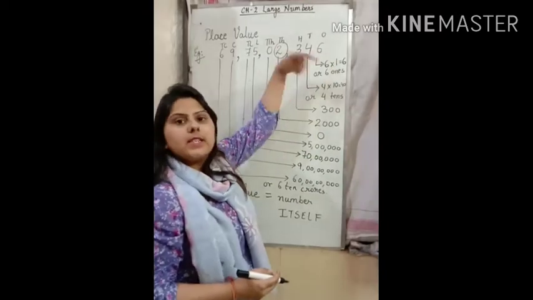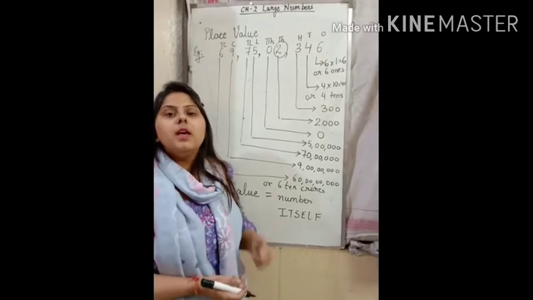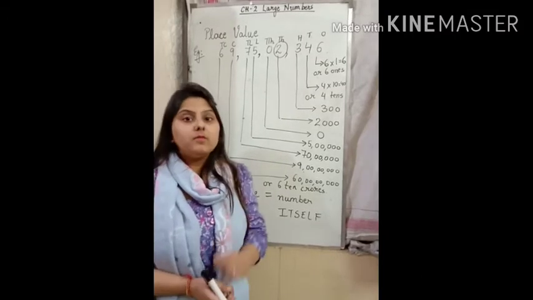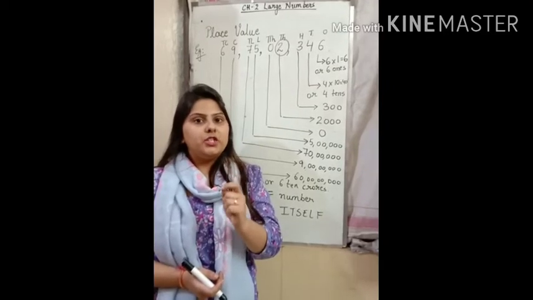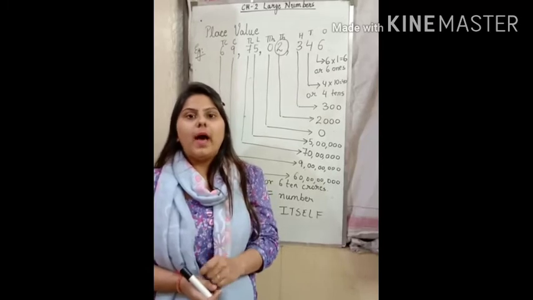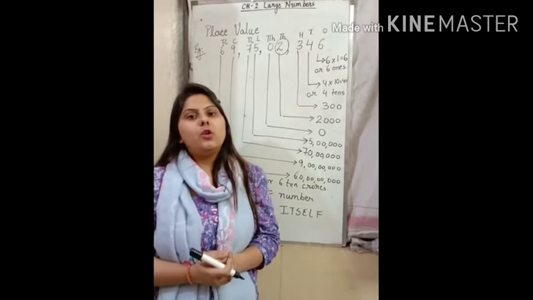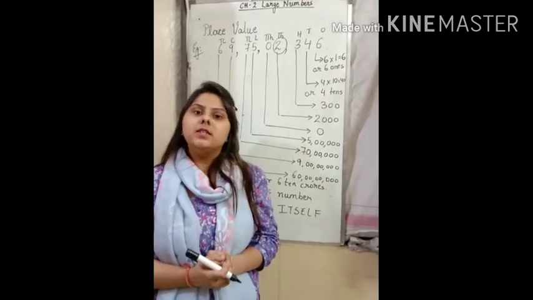Face value of 6 in this number is 6. So the face value of any number is the number itself. Always remember kids, 0 is the only digit which has the place value and face value as 0. That is, 0 has the same face value and place value, that is 0.